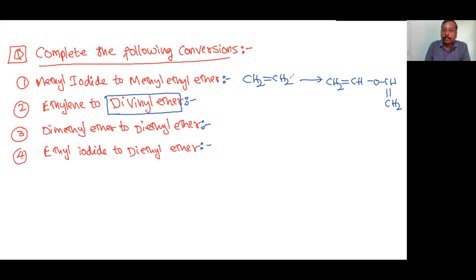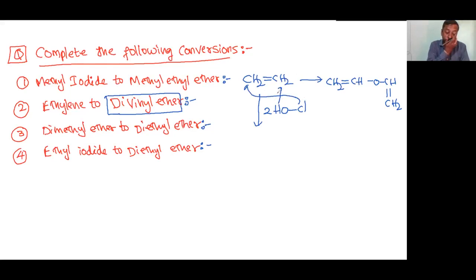That means in place of one hydrogen, we want that CH2 must be introduced. Okay. So clearly I am telling you, listen carefully. So here 2 moles of hypochlorous acid. Hypochlorous acid is HOCl. Okay. So let us take Cl will be here, OH will be here.